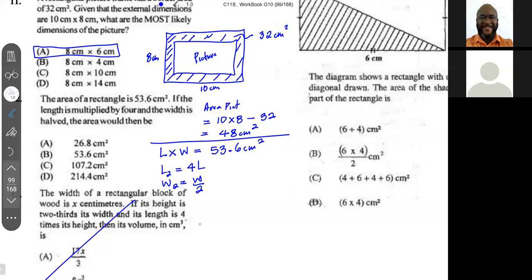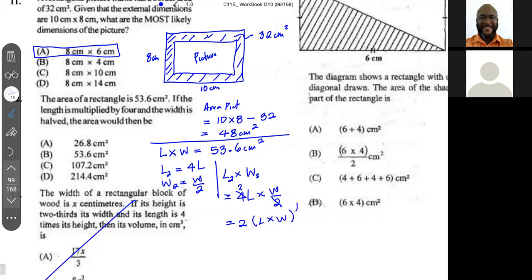So the new area would be L2 times W2, which would be equal to 4L times W over 2. 2 into 4 goes 2. So it's 2 times length multiplied by width.